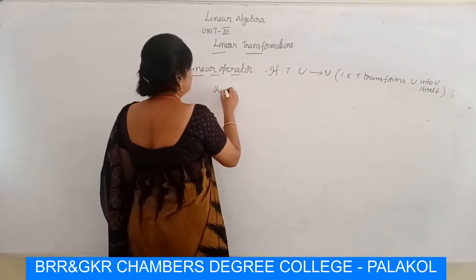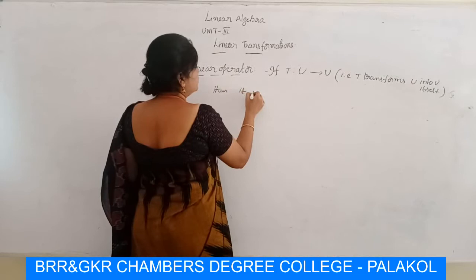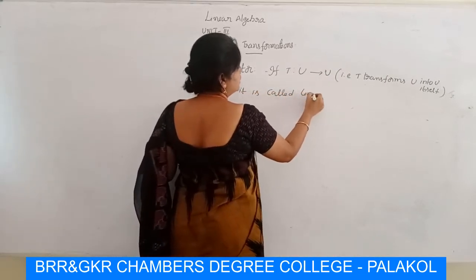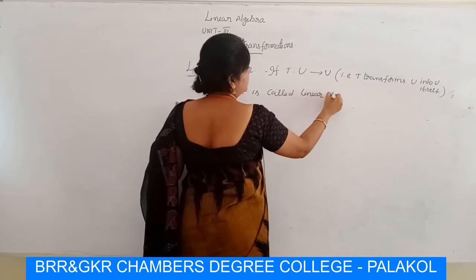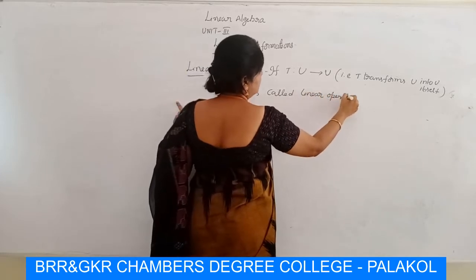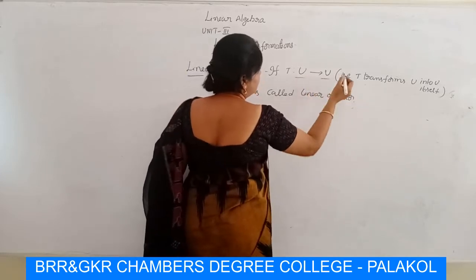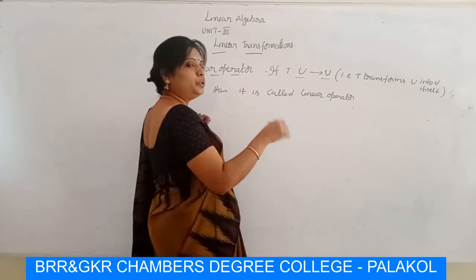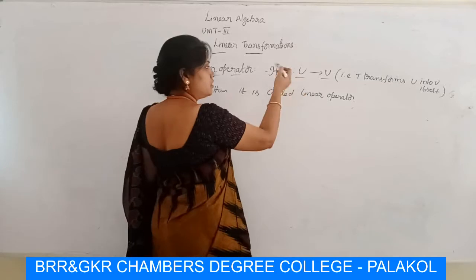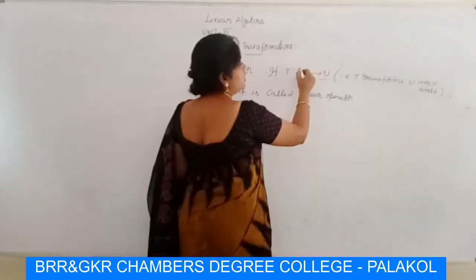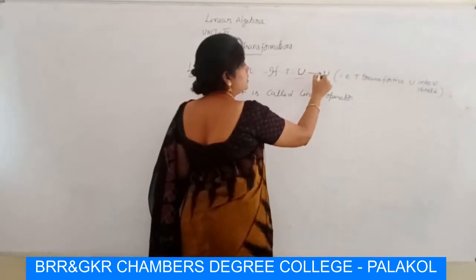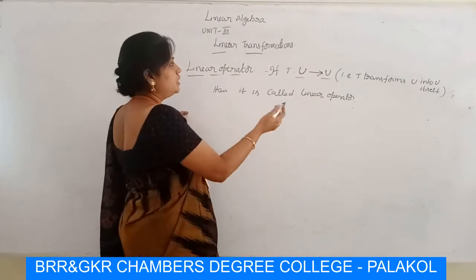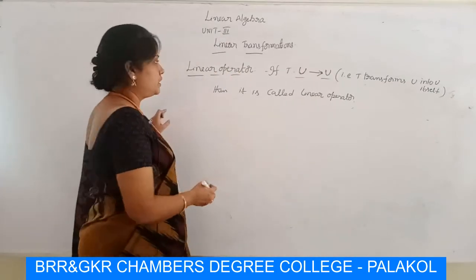Then it is called a linear operator. Here we define the transformation T maps U to U. Here T is a transformation defined on the same vector space. Domain and codomain are the same vector spaces. So it is called a linear operator.